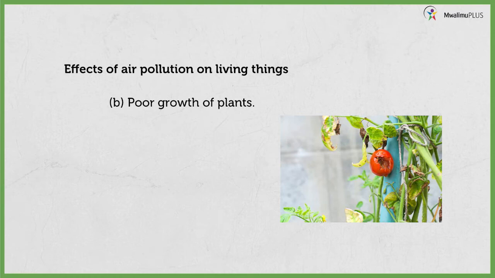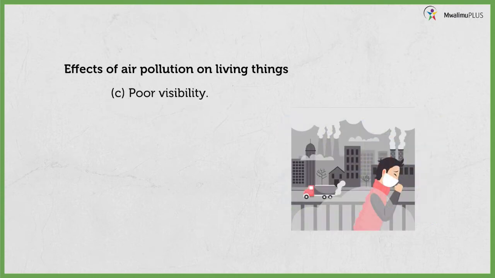Let us go to the next one there. What are you able to see there? Very good, learners. From the screen there, we have an environment, and if you look at that environment, it's polluted, it's smoky. And you can see those people are really struggling to see.